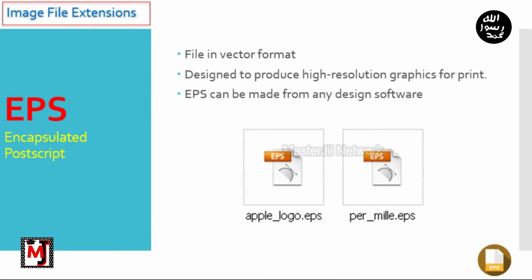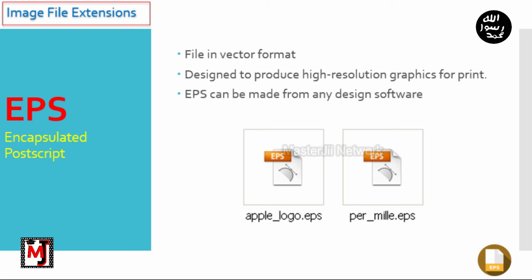The seventh one is EPS, Encapsulated PostScript. EPS is a file in vector format that has been designed to produce high-resolution graphics for print. Almost any kind of design software can create an EPS.